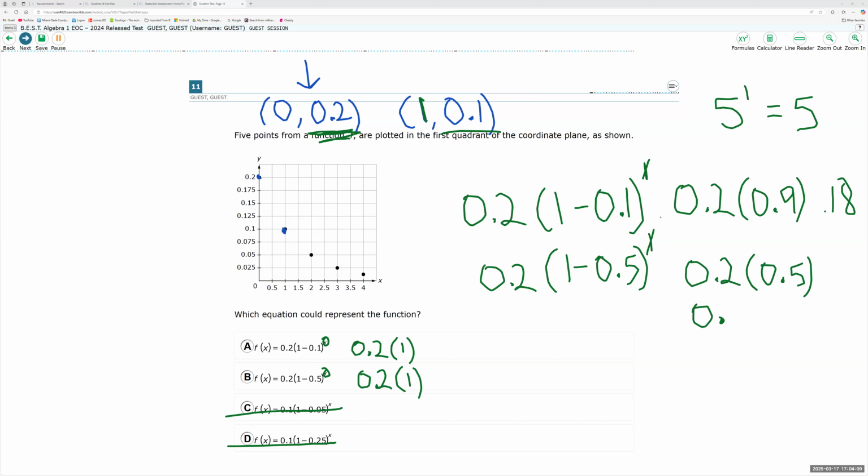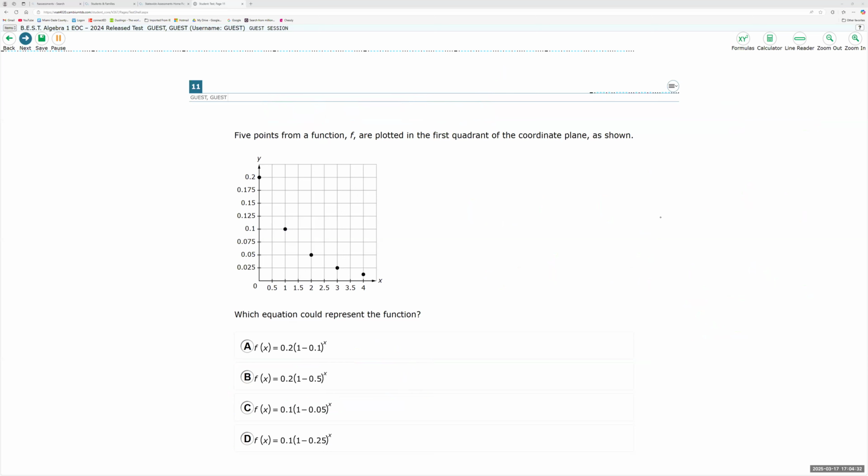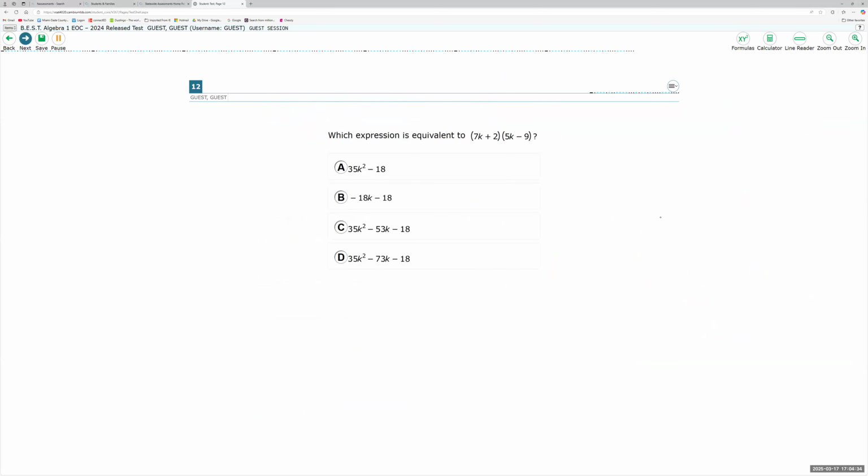It's 0.1. So when x is 1, y is 0.1. And so the answer checks for choice B. Choice B is the only one that gives me those 2 points that I found. There are more points, but we don't need them. So pause your video as I clear all my drawings, choose my right answer, and keep moving on.